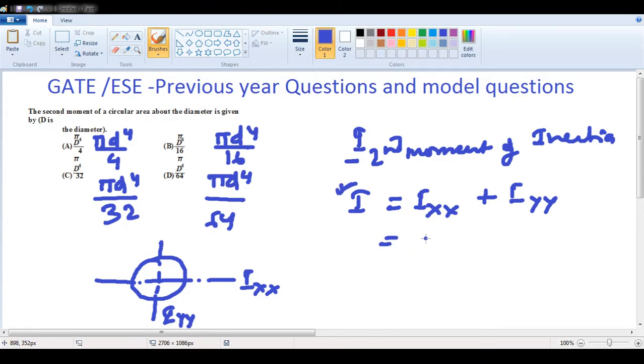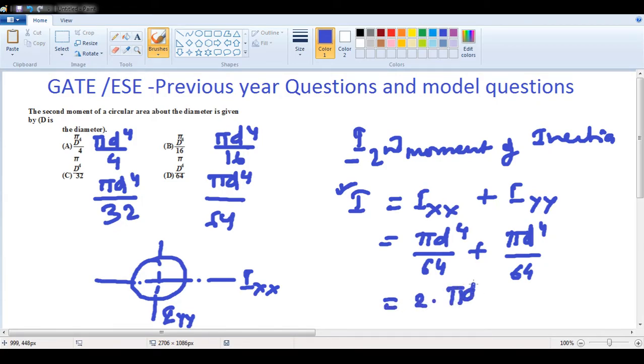So moment of inertia for any circular body is given by pi d4 by 64, and the same holds for Iyy, because the diameter remains the same throughout the circle. So when we do this, we come across 2 times pi d4 by 64. So when we simplify this, we get pi d4 by 32, correct or not?